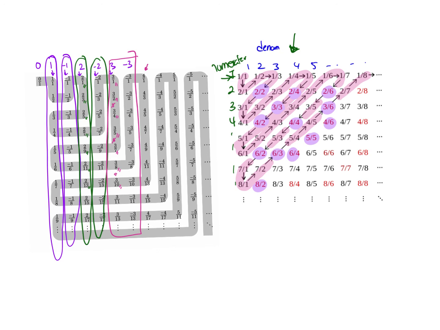And because I can list them out in a list that gets everything, that means that the cardinality of those rationals is equal to the cardinality of the natural numbers. So there's the same number of natural numbers and rationals, but there's more real numbers than natural numbers, which means there's more real numbers than rationals as well.